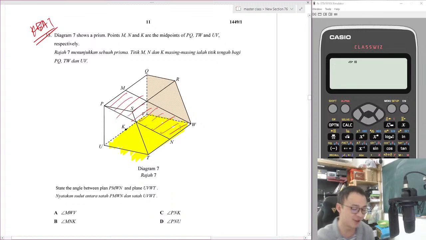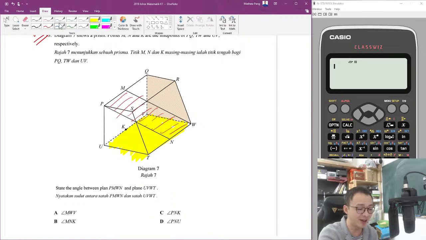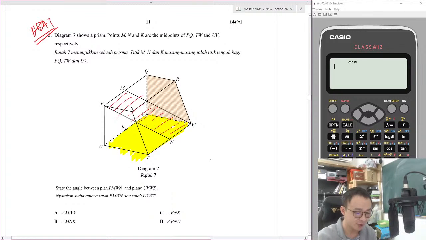This is what they're trying to say. And then they want to find the angle between them. So for the angle between, I need to find all the shortest lines. This is a bit tricky. So definitely I know the angle is somewhere here. So you can use the corner one. You can say, oh, Q to W to V also can.